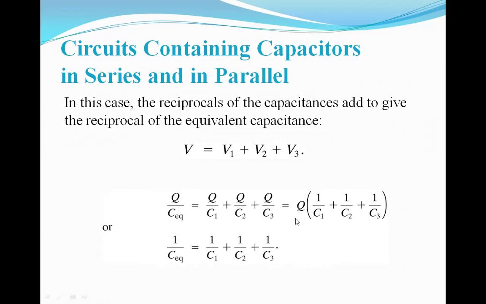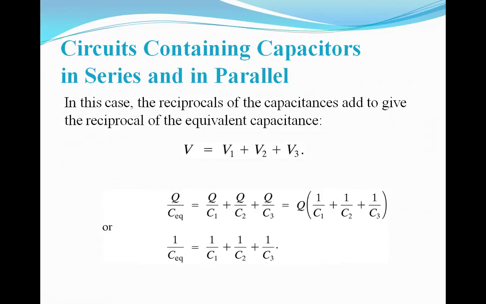It means whenever the capacitors are connected in series, the equivalent capacitor value is given by 1 by C equivalent equal to 1 by C1 plus 1 by C2 plus 1 by C3. So this is all about the resistance and capacitors, as well as the EMF when they are connected in series and parallel, what is the drawback of Ohm's law, and how Kirchhoff's law should be applied to a network kind of circuit.